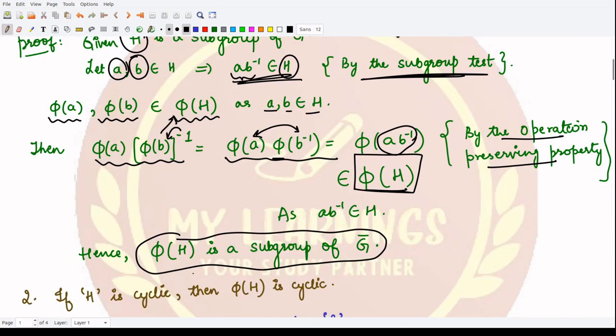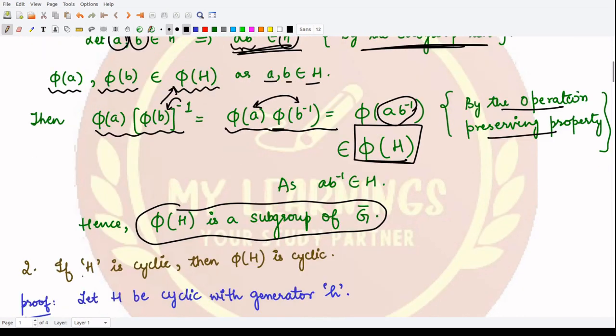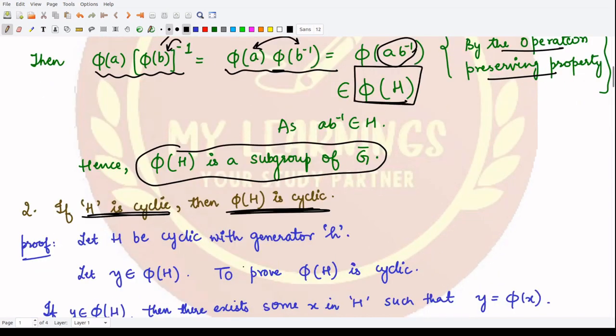For the next property, we consider H to be a cyclic group, and we want to prove that phi of H is also cyclic. So first of all, we consider H to be a cyclic group with generator h. Now if we take some element y from this image phi of H, we want to prove that phi of H is also cyclic.